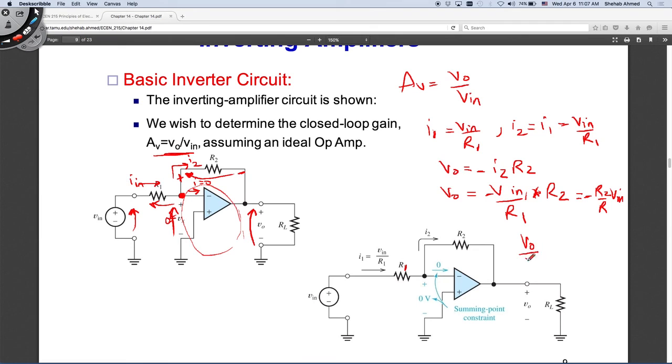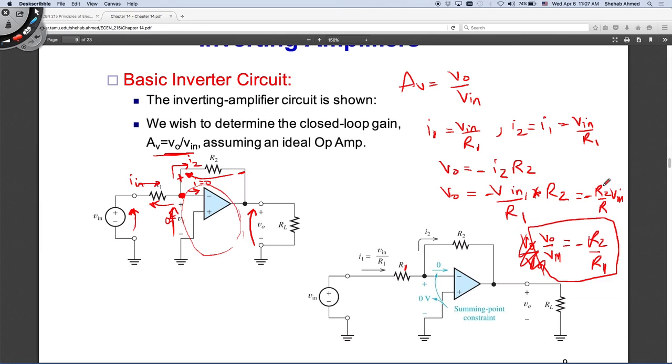So V output over V input is equal to what? Minus R2 over R1. Okay? So this is the gain of the amplifier.